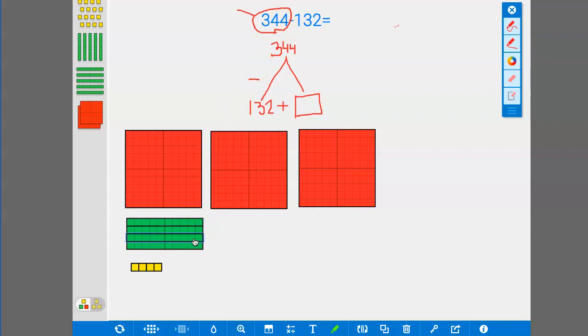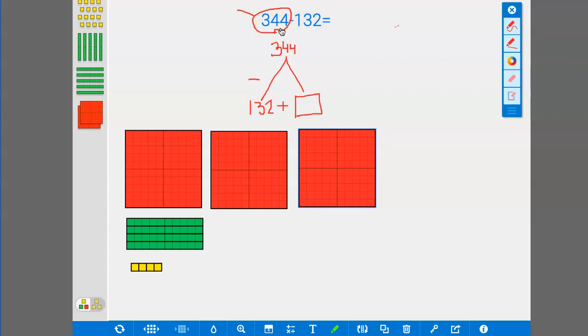Yes, I can. And can I take 100 from 300? I can. Because I can take away from each of these numbers, I don't need to ungroup today.